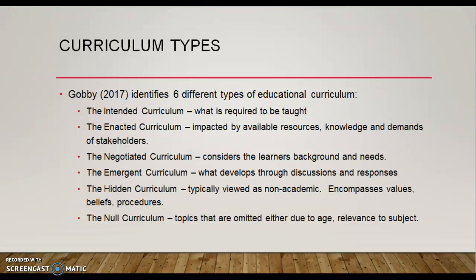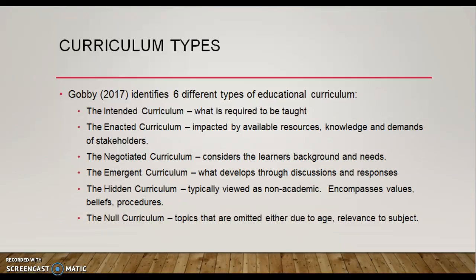This is the curriculum that is imparted to the students because of available resources, the knowledge and demands of the stakeholders. Now, this can be different depending on the size of the school and the community itself. Negotiated curriculum. This considers the learner's backgrounds and needs. The emergent curriculum. This is what develops through discussions and responses. And finally, the hidden curriculum.